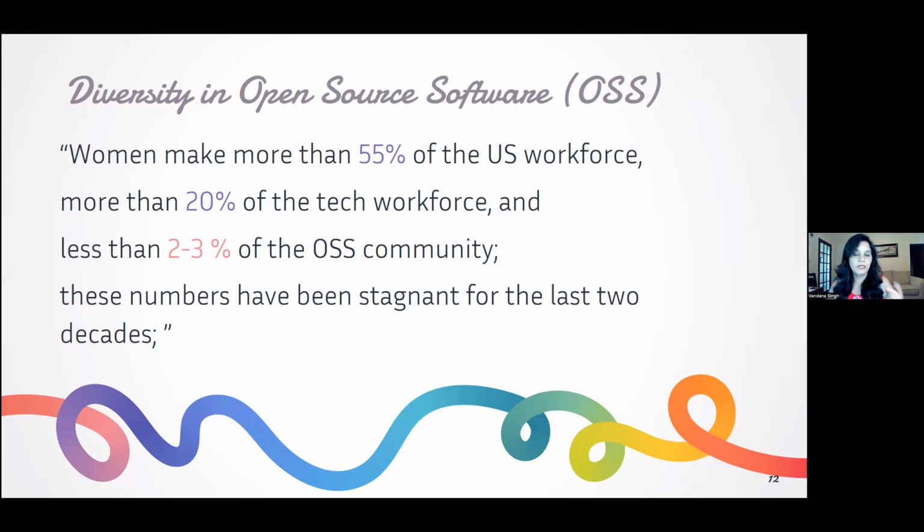Looking at older and newer studies, for almost 2 decades it has been the same number. So what is going on? Why is there such an underrepresentation of women? Fine, there's not 55% in the tech workforce, but there are about 20% or 25%. So why not 15 or 20% in open source?